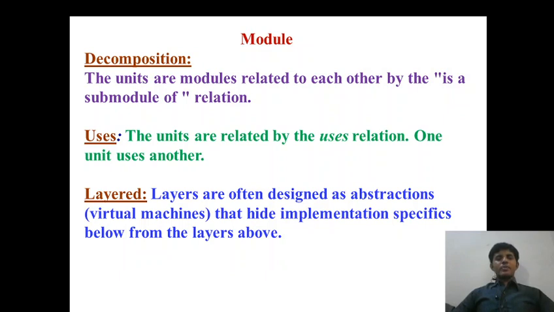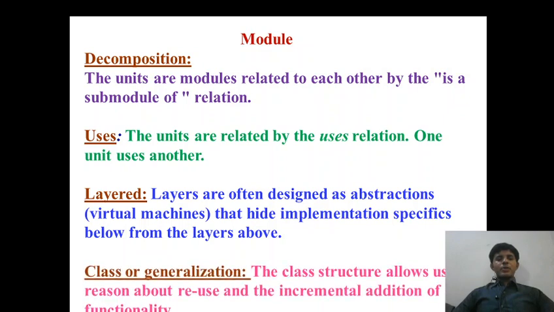Your operating system is the best example for layered architecture, and also the computer networks models, OSI by ISO and TCP/IP. Those are related to layered architectures. They will hide internal data. When it comes to internal working, each and every layer starts its functioning.